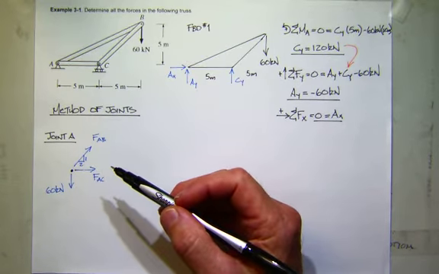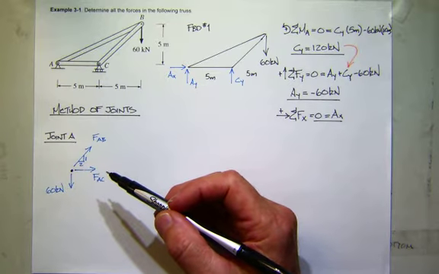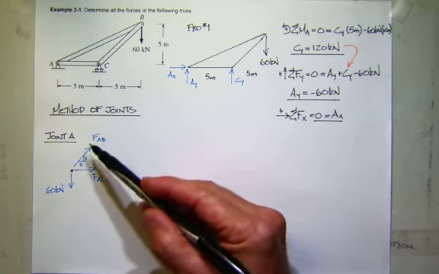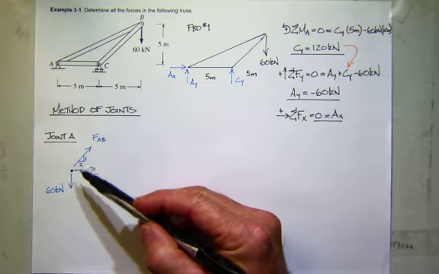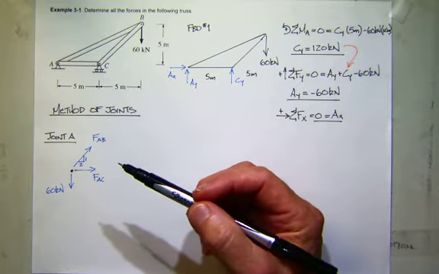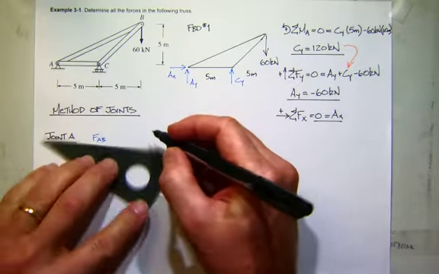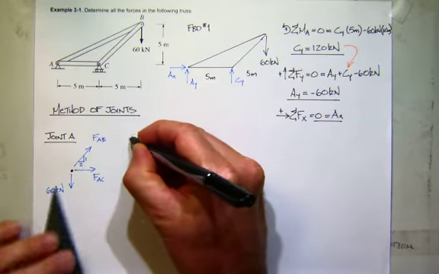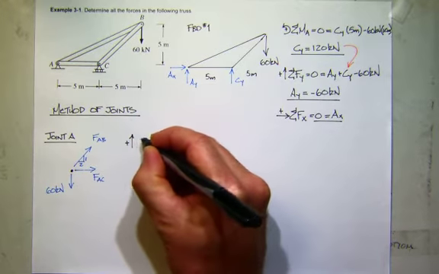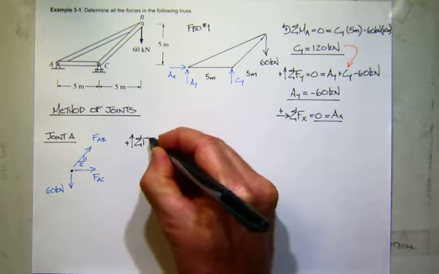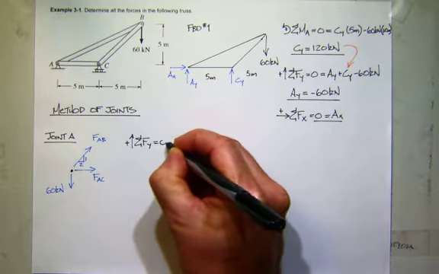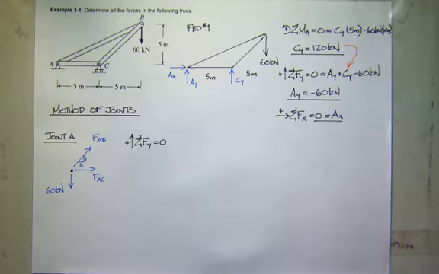You can't really solve that. But if I sum in the y first, only one of my forces has a y component. Everybody see that? So let's do that. Try to make it easier on yourself. So one equation, one unknown is nice. So I'm going to sum forces in the y direction.